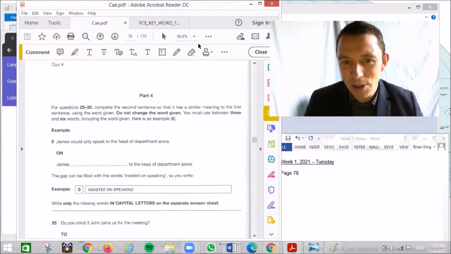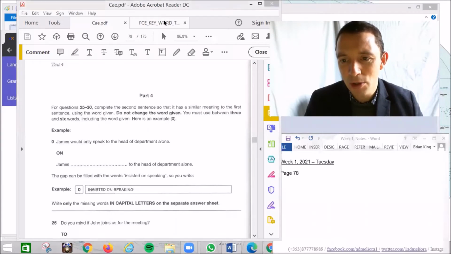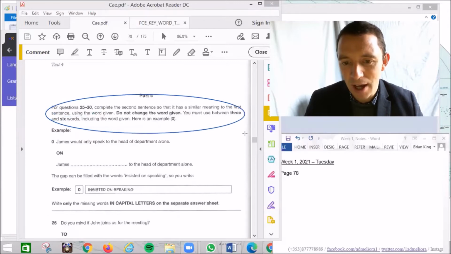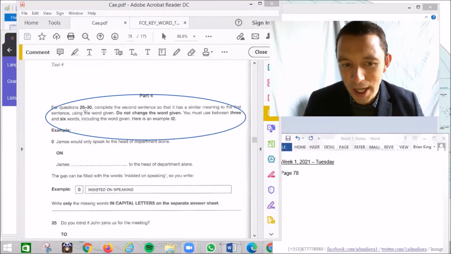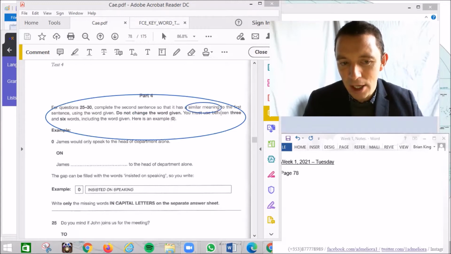At the beginning, you can see the instructions for the exercise. For people who do not know the exercise, and this is the first time, take your time to look at the instructions here. For questions 25 to 30, complete the second sentence so that it has a similar meaning to the first sentence using the word given.